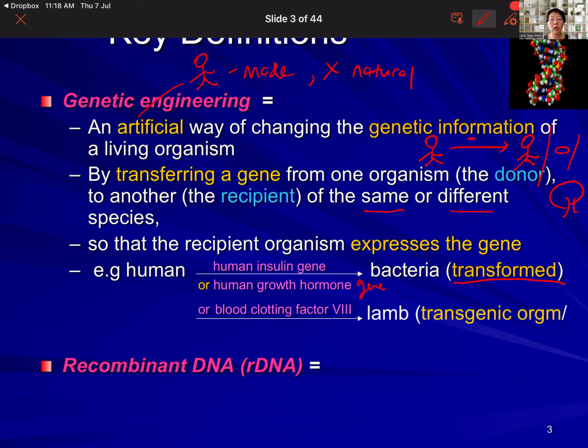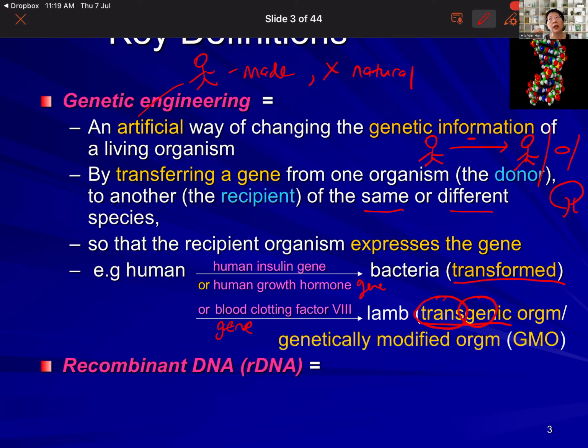Or you may want to transfer the blood clotting factor 8 gene to the lamb. Then the lamb will start to express this gene and produce blood clotting factor 8. Now, this lamb that receives the foreign gene is called the transgenic organism because you already transferred the foreign gene to this organism.